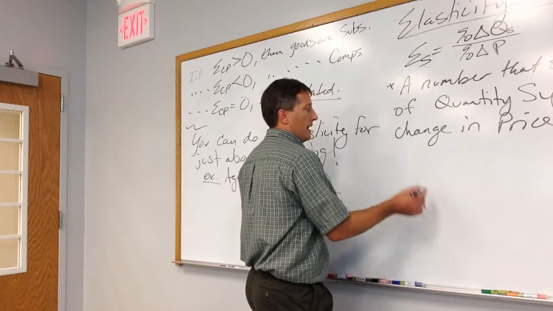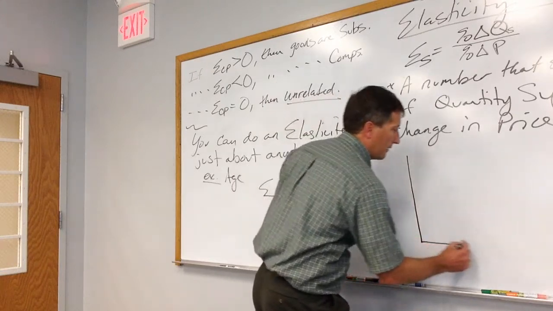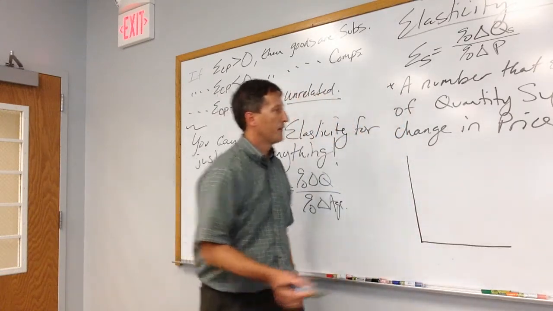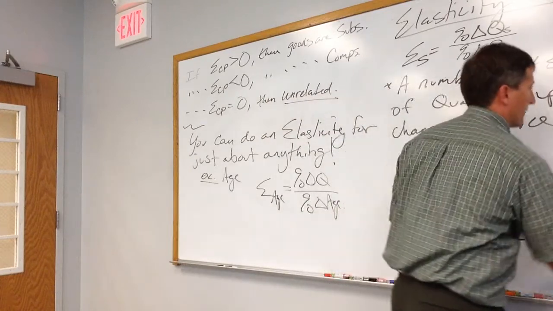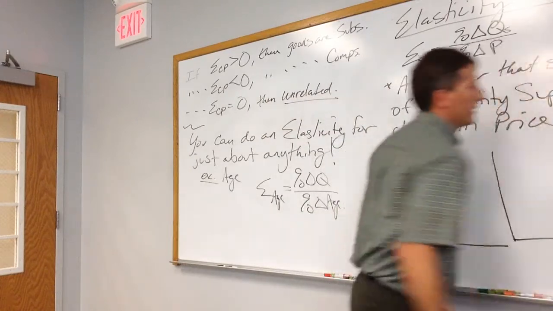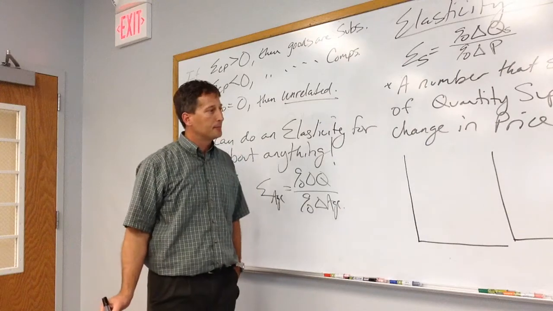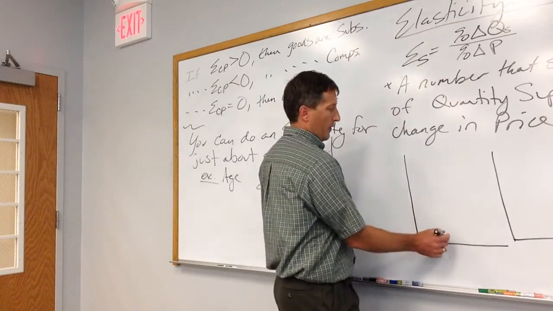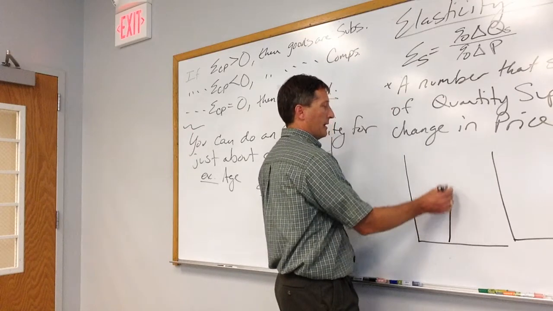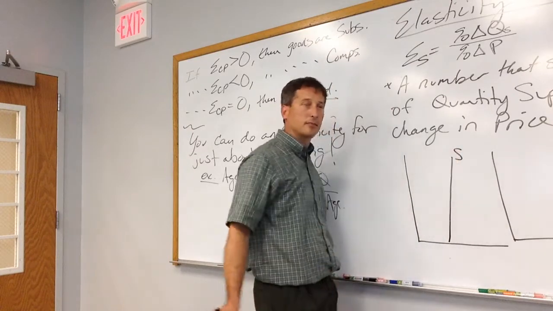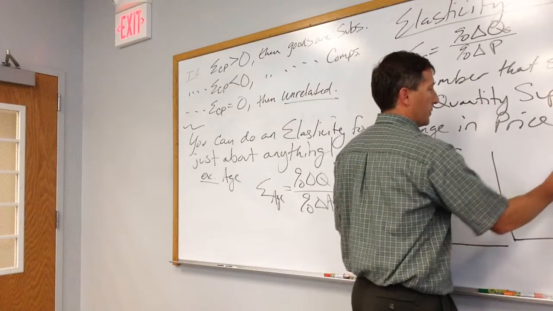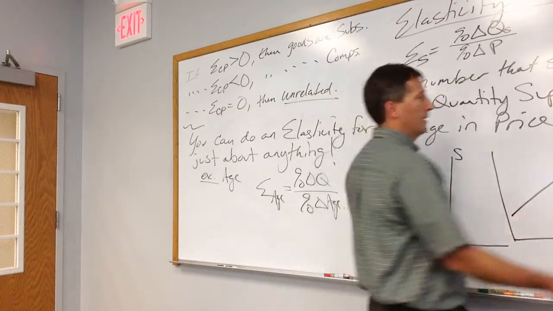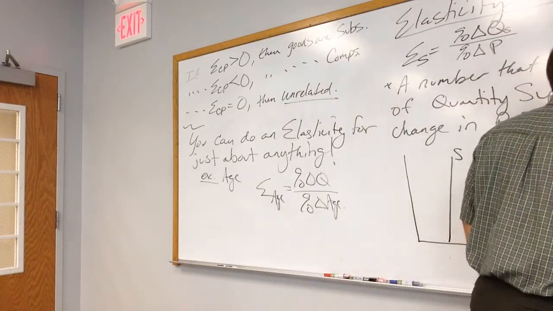So with the supply curve, we're going to have very similar features to what we did with demand. Let's put three graphs side by side. Over here, I just want you to put a relatively steep supply curve. Kind of maybe some sort of regular supply curve over here. And then this one you can make kind of flat.